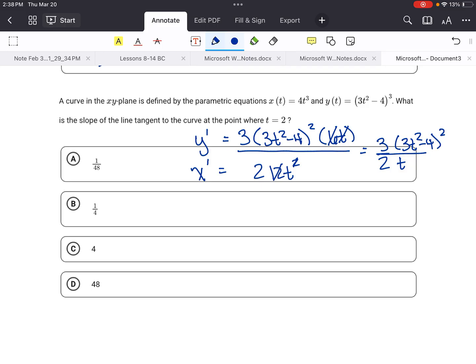So if you plug in 2, y'all would type this in the calculator, and that's probably the smarter thing to do. 2 squared is 4 times 3 is 12, minus 4 is 8, squared is 64 times 3. When you work all that out, it should work out to 48. So I need to double check my math on that, but that's how this one works. Do dy, do dx, plug in 2, and then simplify it.